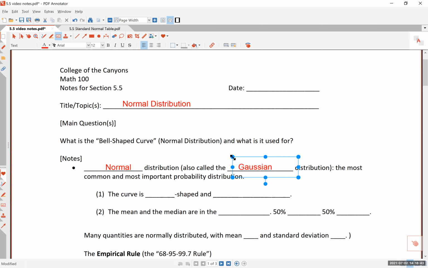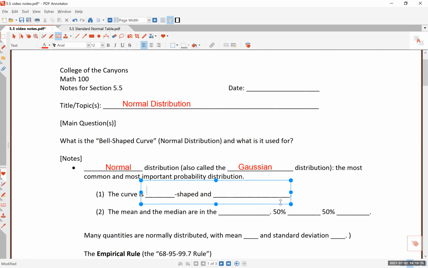He's probably one of the most famous mathematicians of all times. He did lots of mathematics, applied and pure, plus he was also involved in astronomy, physics, and many other things, including statistics. And so this bell-shaped curve is named after Carl Friedrich Gauss and sometimes called the Gaussian or Gauss distribution. It is the most common, most popular and most important probability distribution.